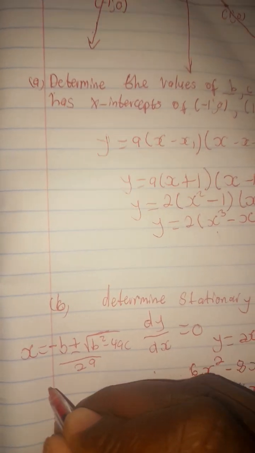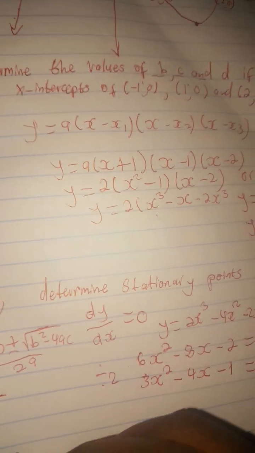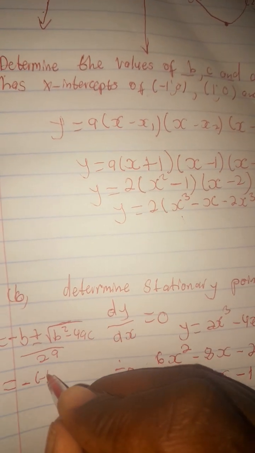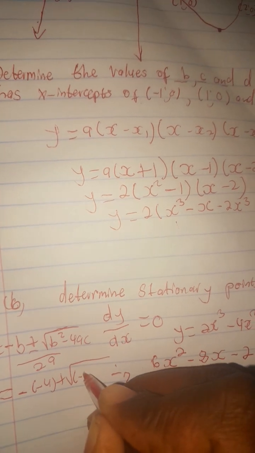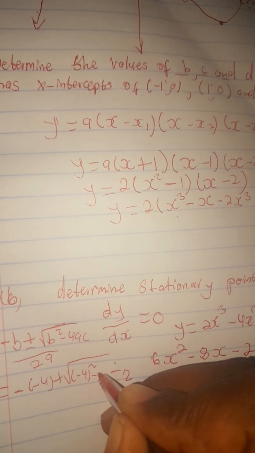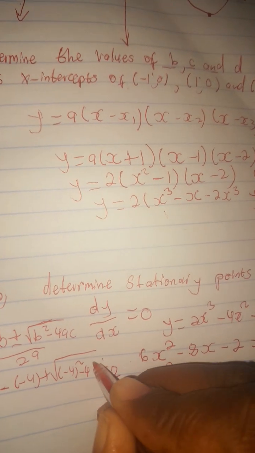Okay, right? So let's place our values. Our b is going to be minus 4, plus or minus, then we have minus 4 squared. Our a is going to be 3.